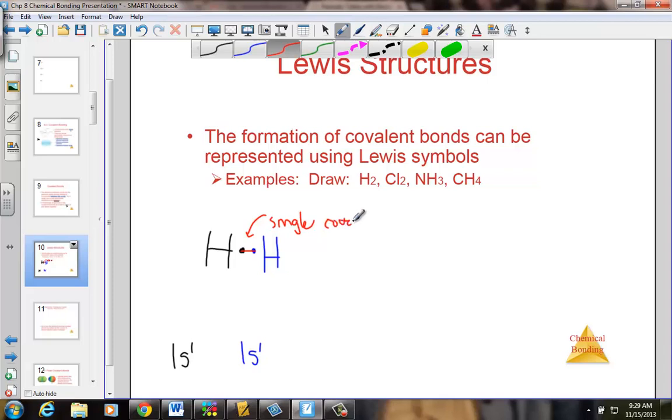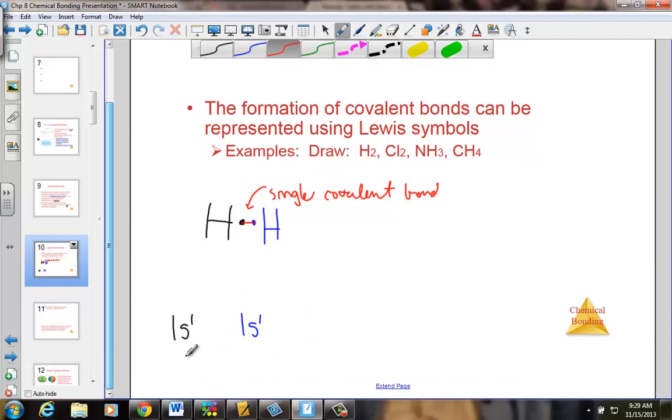One shared pair is known as a single covalent bond. Thinking about the orbital diagram, we could represent this as the s. This one would have to be spinning down, and if they combine those shared pairs, think of that now as one orbital, one spinning up, one spinning down. We've now shared a pair of electrons.